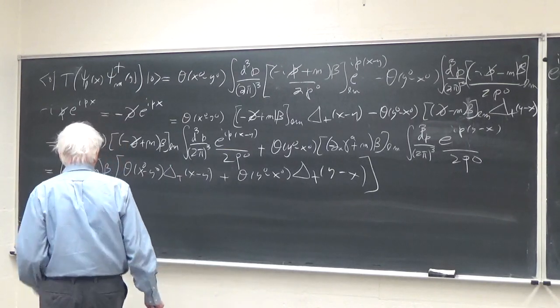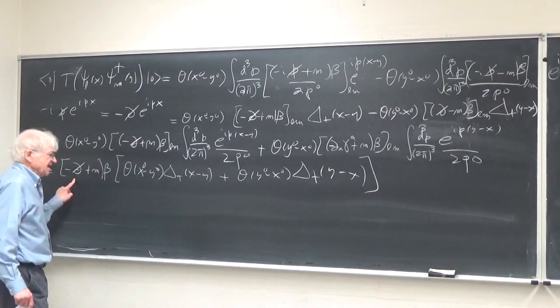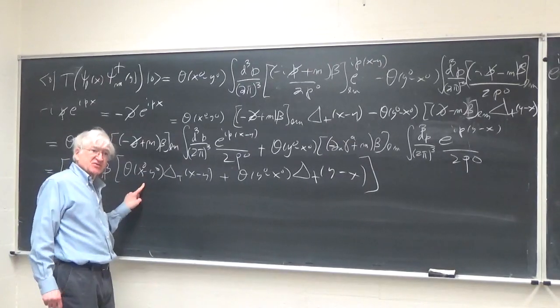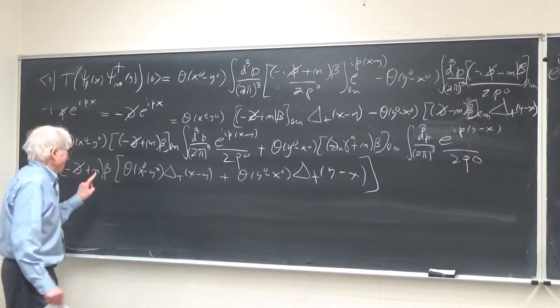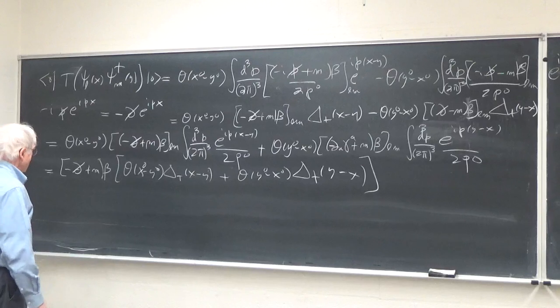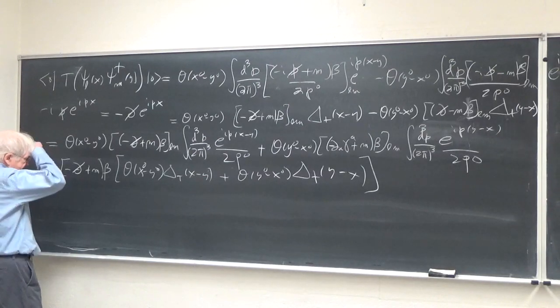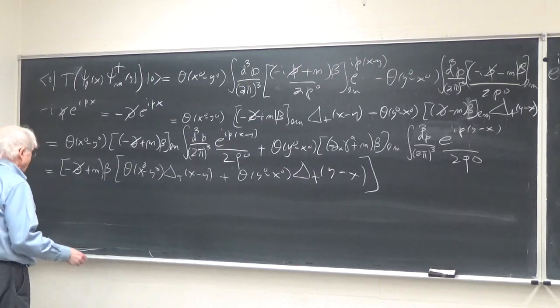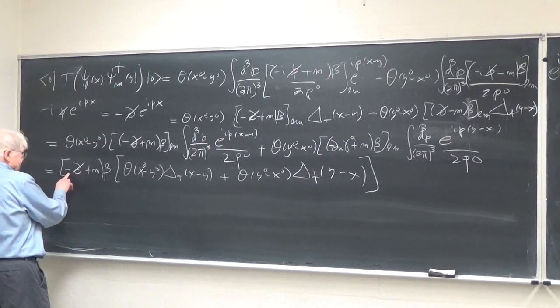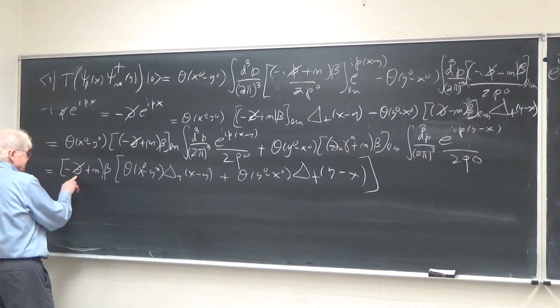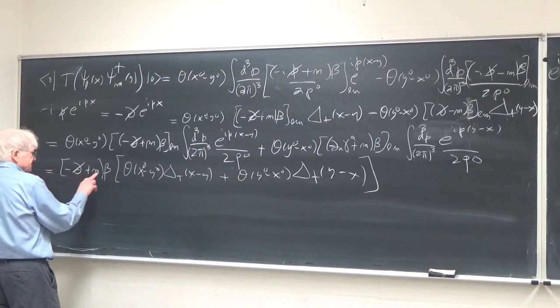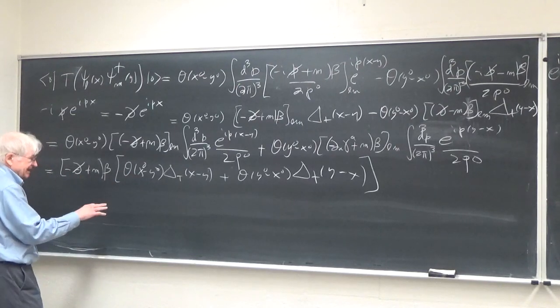Now, the problem is the time derivatives. When the time derivative hits the step function, you get a delta function. So we have to compensate for that delta function. The compensation is that this is minus d0 gamma 0. So when minus d0 hits this, we get minus delta function.